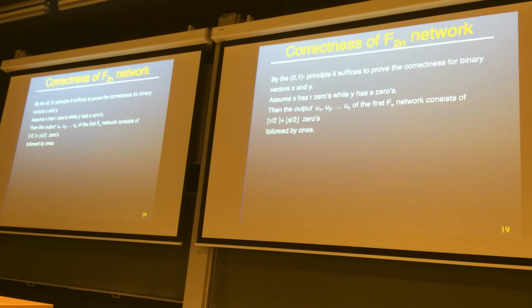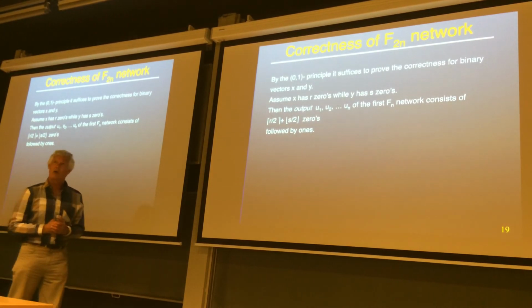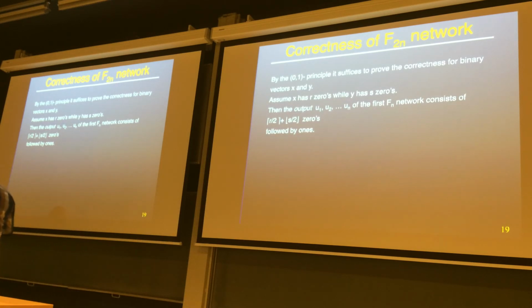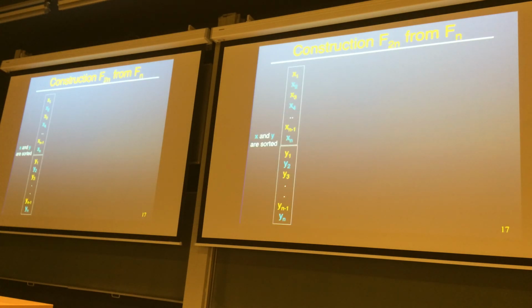Because the first inputs appearing in this first network are derived from the odd positions of the first vector, the ceiling of the first half of the zeros that came to this network have to be counted, and the floor of the remaining ones have to be counted.